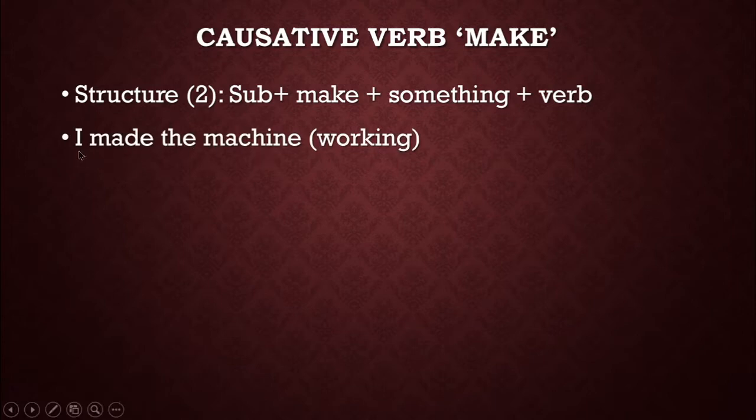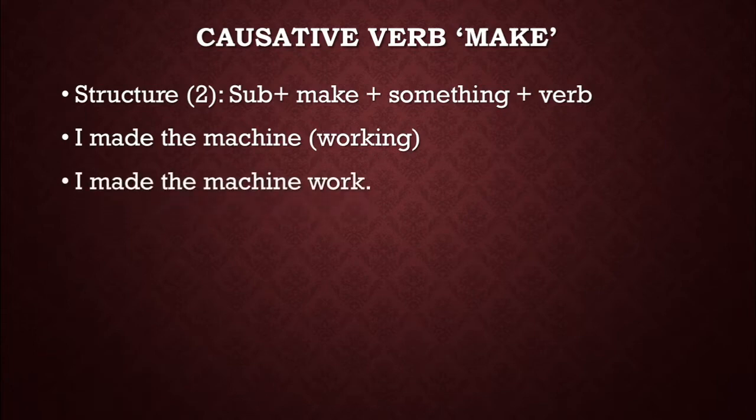Here we have the subject I, then the past form of the verb make, then something, the machine, and then working, the verb. We have to change this verb to the base form of the verb, right? Now let's do it. I made the machine work, right?